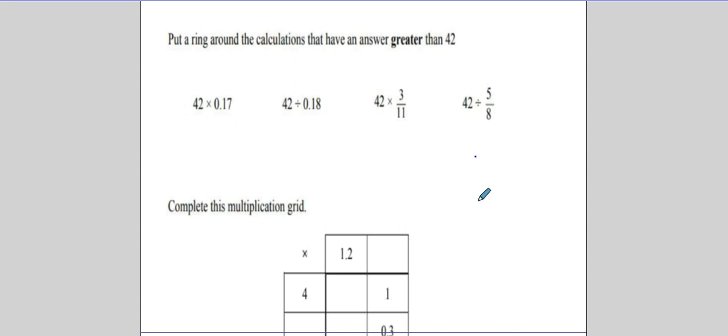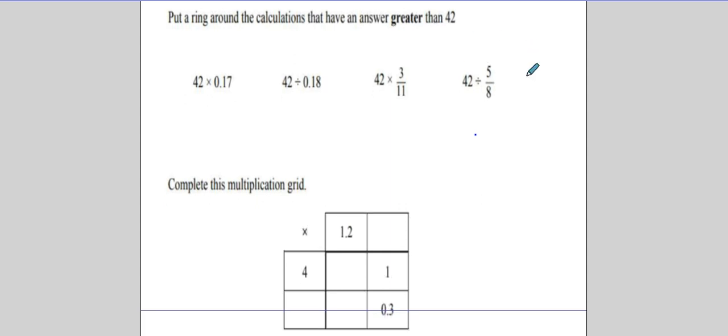Okay, we have this question here. Put a ring around the calculations that have an answer greater than 42. 42 times 0 point, this will not be greater than 42. 42 divided by 0.18.